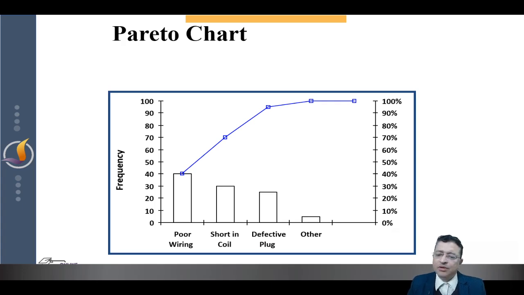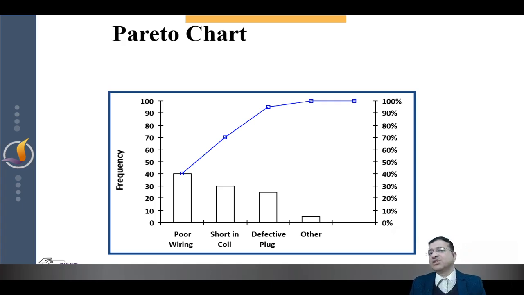For example, here we have poor wiring, short in coil, defective plug and other. So what are those categories which are responsible for maximum damage? If I take care of that particular part first, it will provide optimization of resources, and sometimes you want a fast corrective measure, so it can resolve most of the problem, because Pareto analysis says that 80% of the problems may be due to 20% of the reasons.